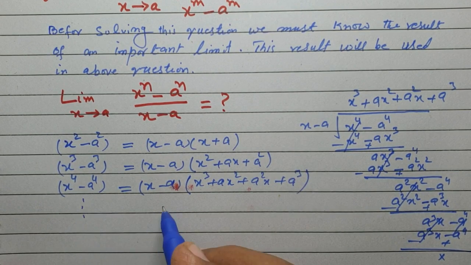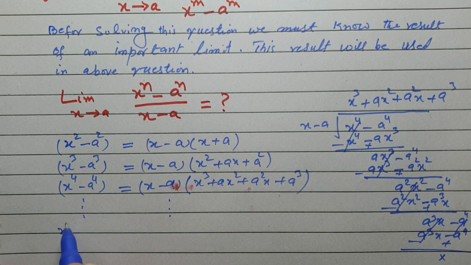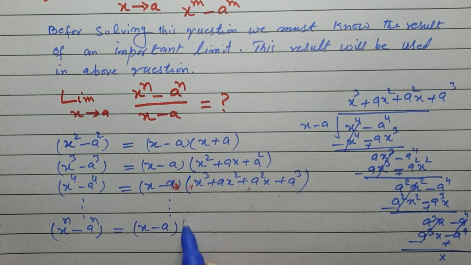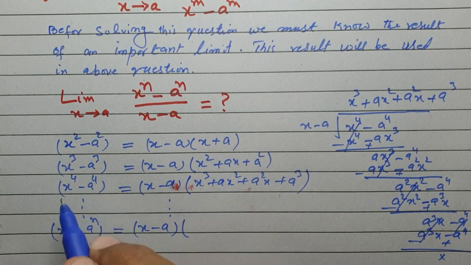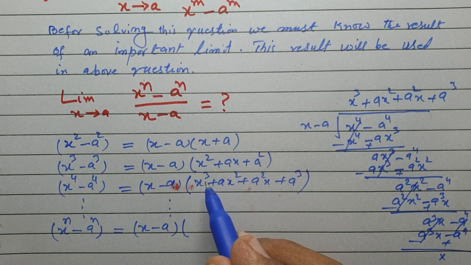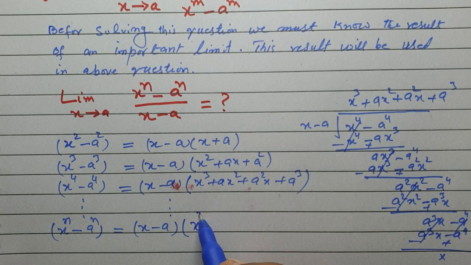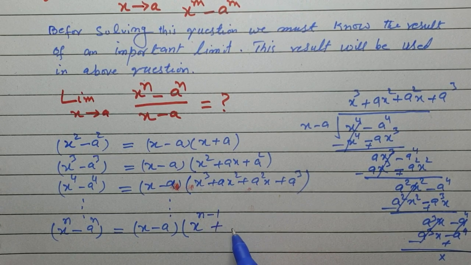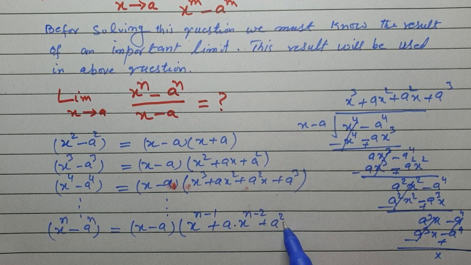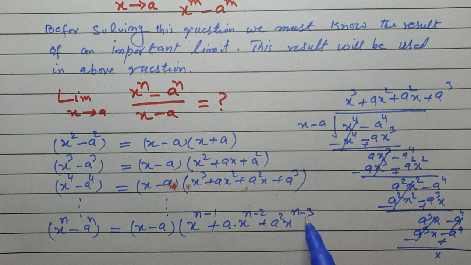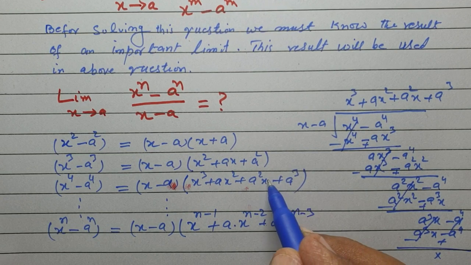And similarly, if we go on raising power and reach up to x^n minus a^n, its one factor is x minus a. Then what will be the other factor? The other factor, it is x cube, n was 4 and it is n minus 1, it is 3. x^(n minus 1) plus a into x^(n minus 2) plus a square into x^(n minus 3). n is 4, 4 minus 3, 1 power.